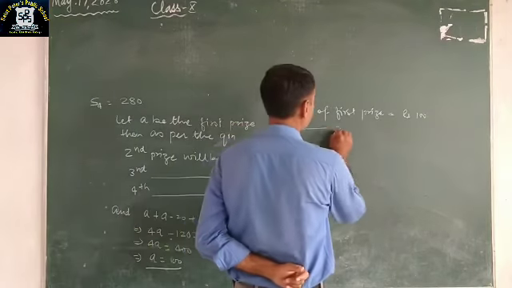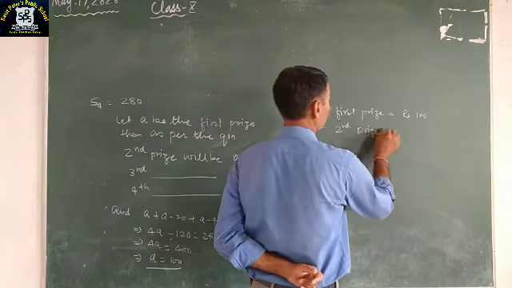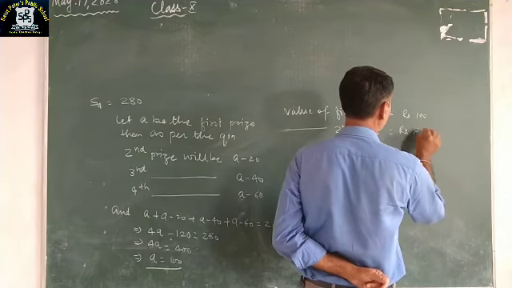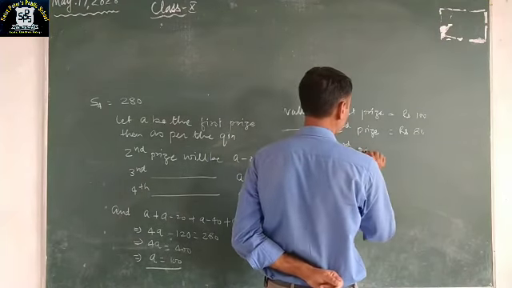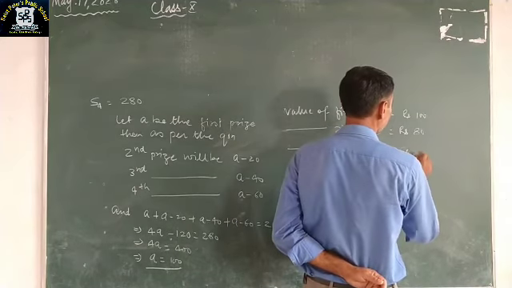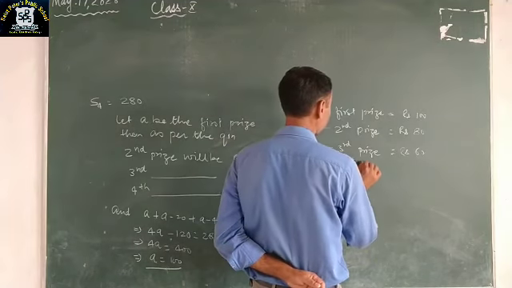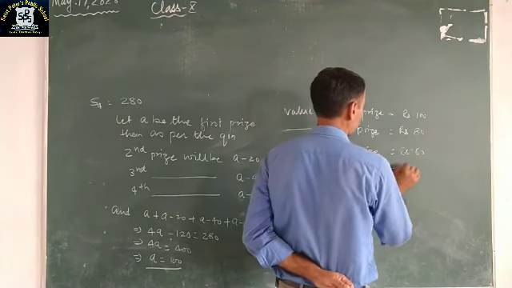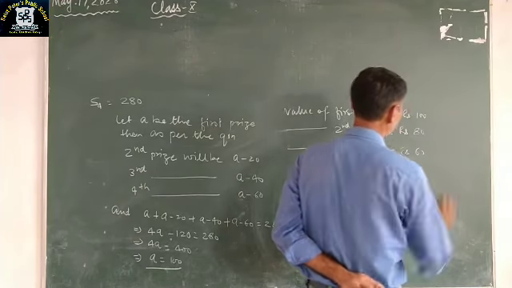So the value of the second prize will be 100 minus 20, and it's 80 rupees. The value of the third prize will be 80 minus 20. So it's 60 rupees, and the value of the last prize or fourth prize will be 40 rupees.